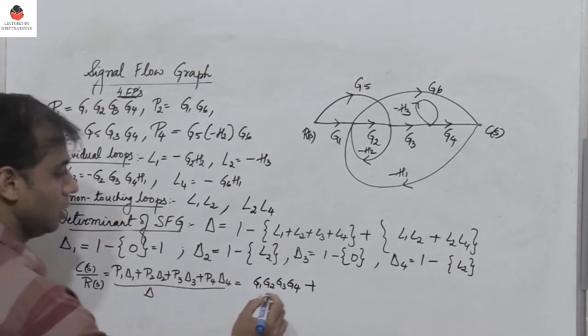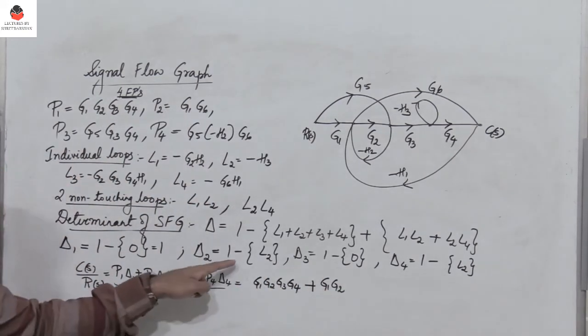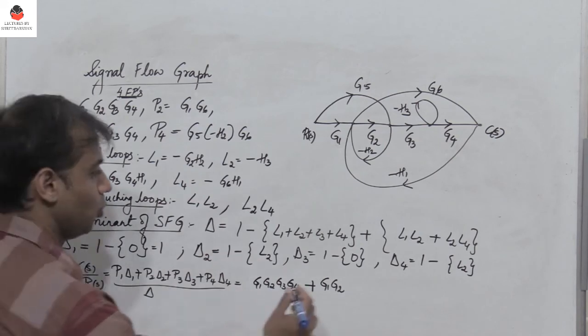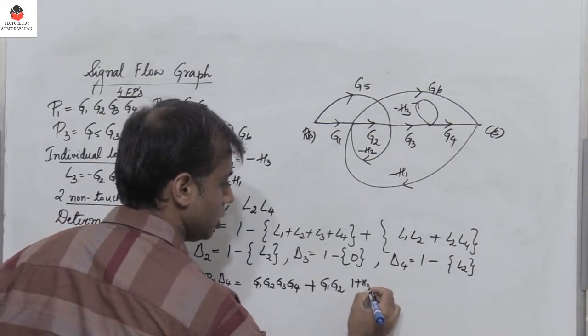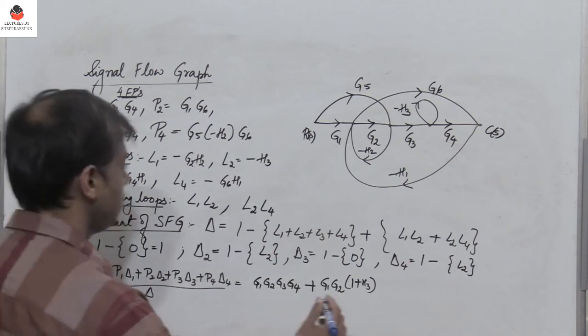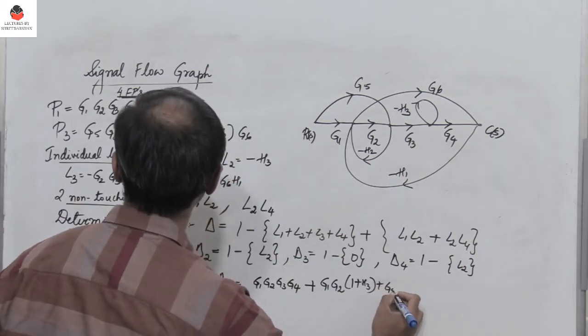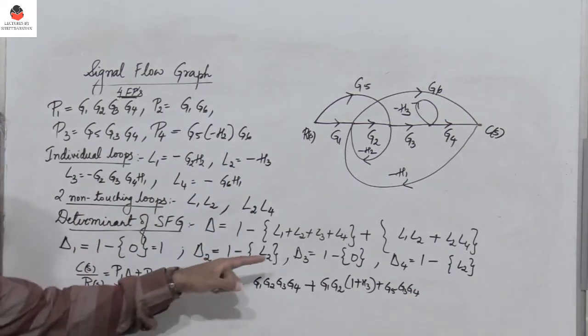P2 is G1, G6 into delta 2, which is 1 minus L2. So I have 1 minus of minus, plus, so I can write 1 plus H3. Right? Then you have plus P3 delta 3. What is P3? P3 is G5, G3, G4 into delta 3, which is 1, of course.